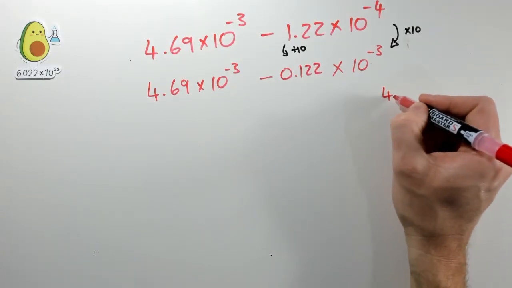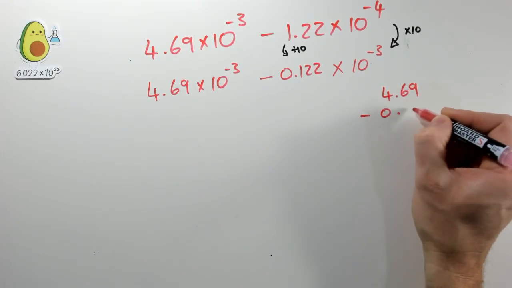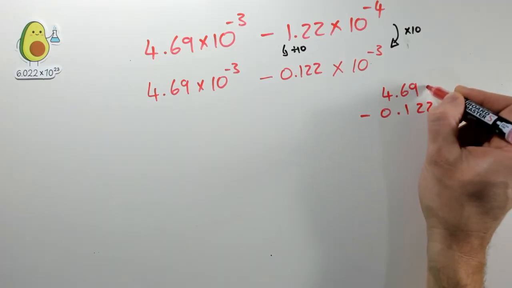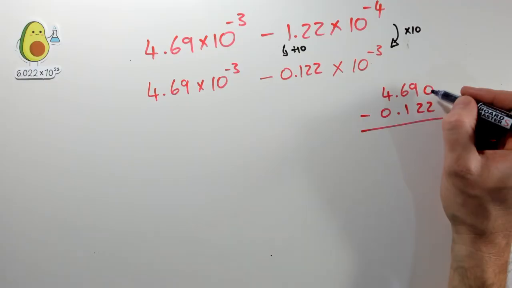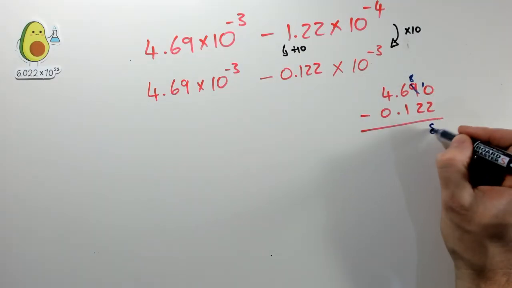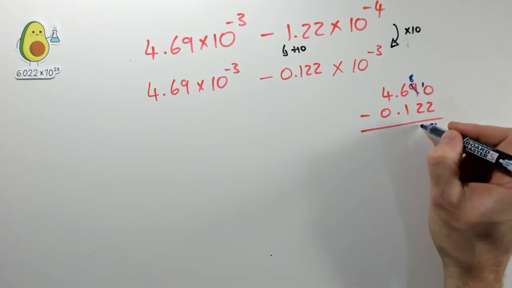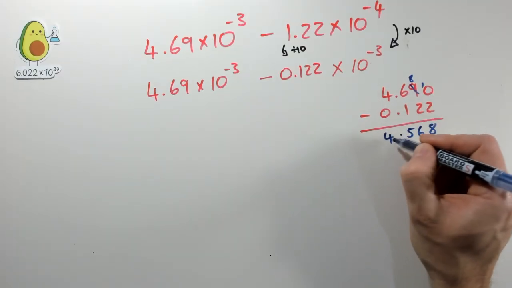And then here I would just do 4.69 minus 0.122. I just need a 0 there. And my year 6 math will probably have to come into play here. I have an 8 and a 10, and that's an 8. 8 minus 2 is going to be 6. 6 minus 1 is 5, and 4.